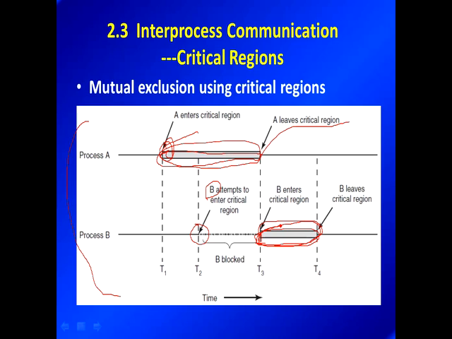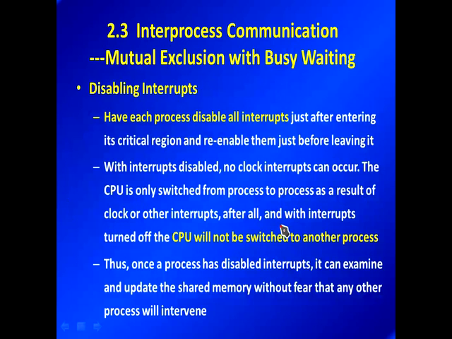So process B, the second process, is not allowed to get into the critical region. That means only one process can be in the critical region at a time. During the same time, no more than one process stays in the critical region. So we can check it very clearly through this figure.